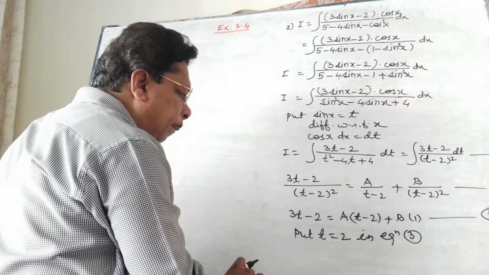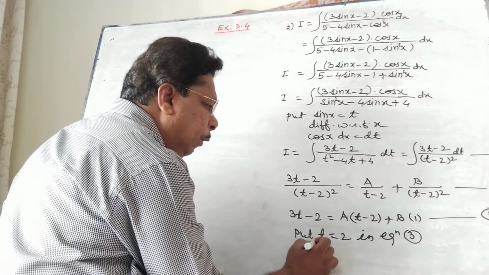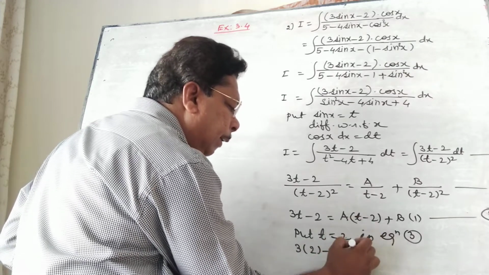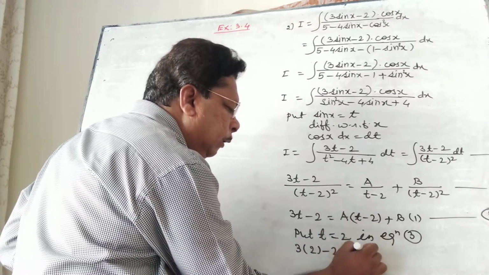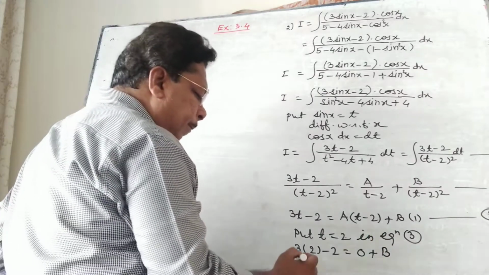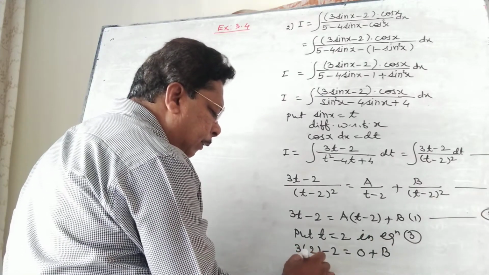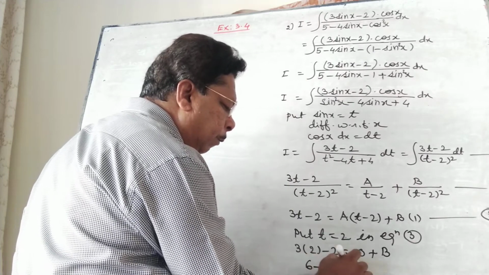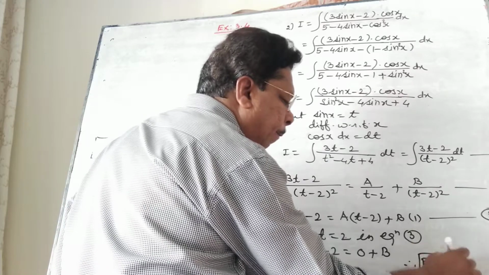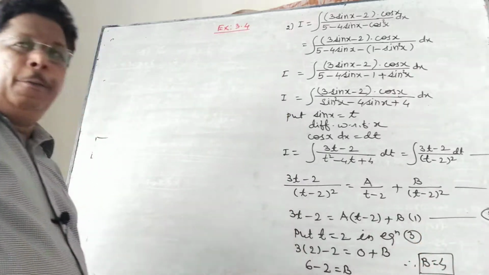So equation 3 becomes 3 into (2 minus 2) is equal to A into (2 minus 2) is 0, plus B. So this becomes 3 into 2, 6 minus 2 is equal to B. So the value of B is 4. 6 minus 2 is 4.